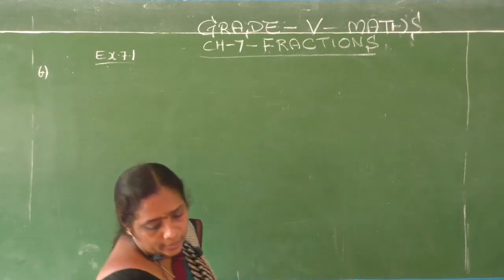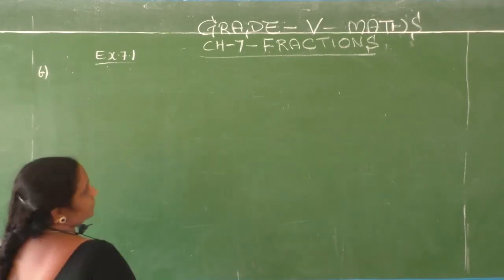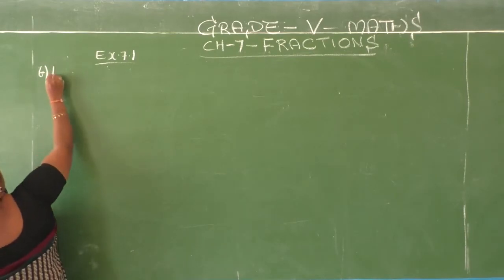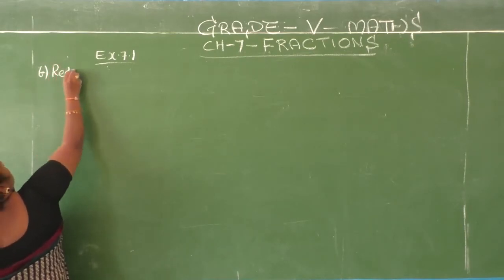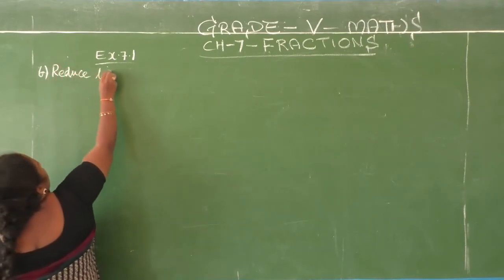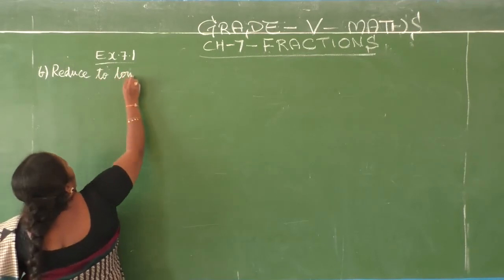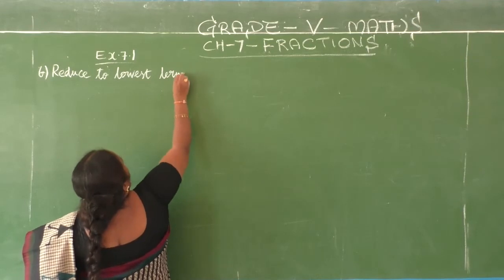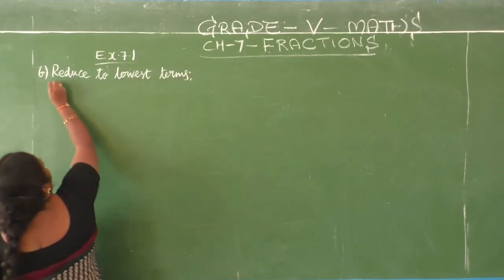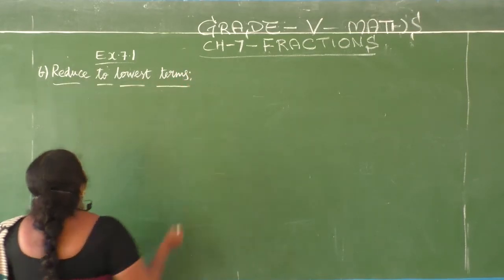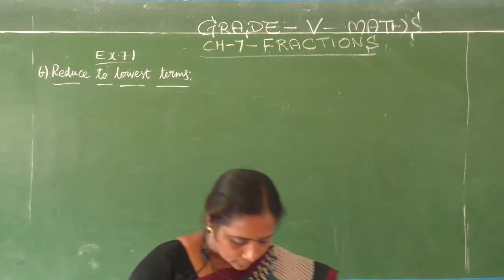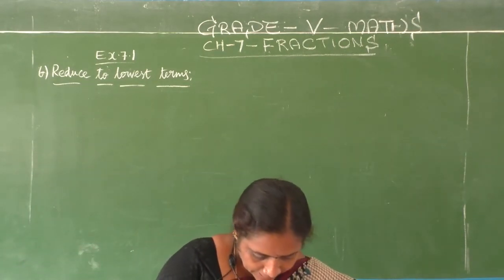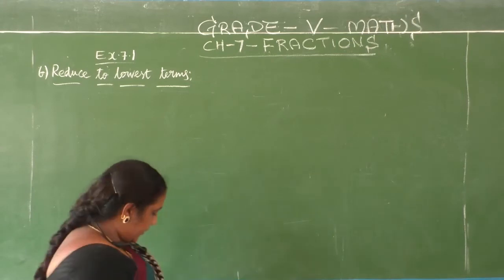Sixth Roman is reduce to lowest terms. First sum, 18 by 81.